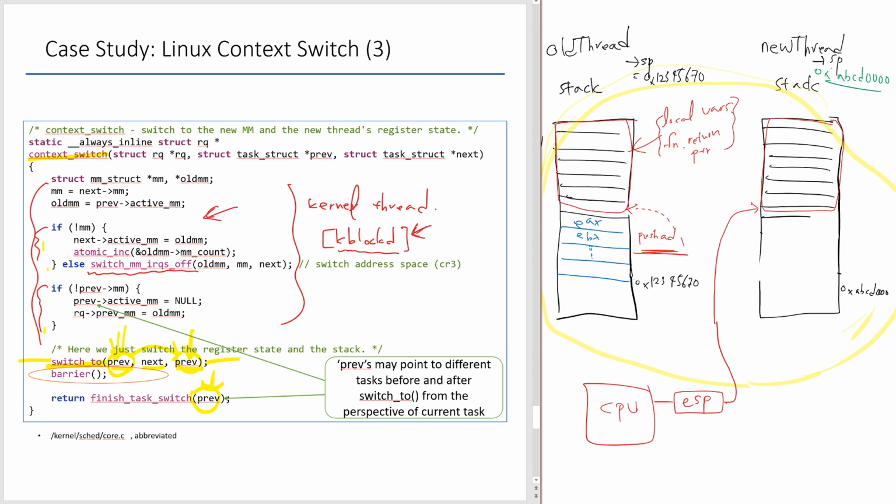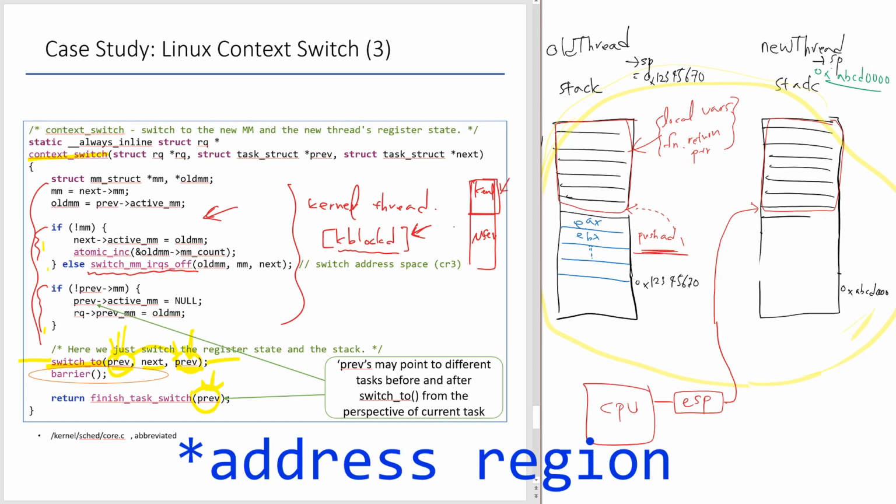So for this type of thread, the Linux kernel has all these kernel threads borrow the address space of whatever thread executed before. That's safe because the address space that belongs to the kernel is the same for everybody. All processes share the kernel address space.